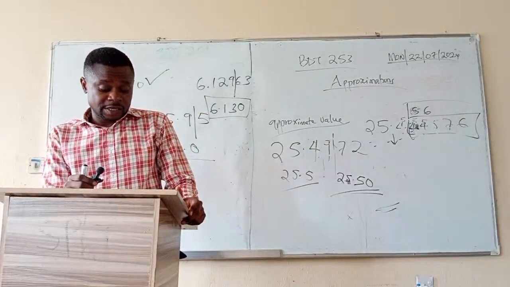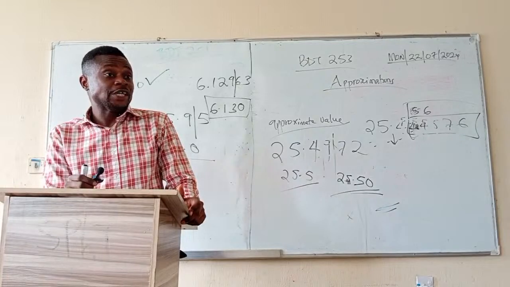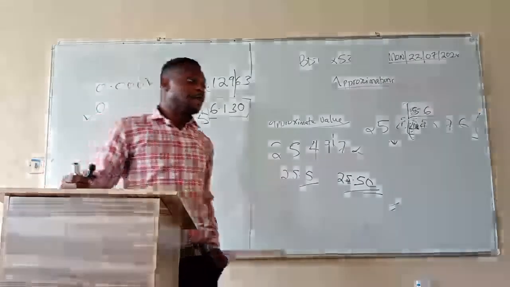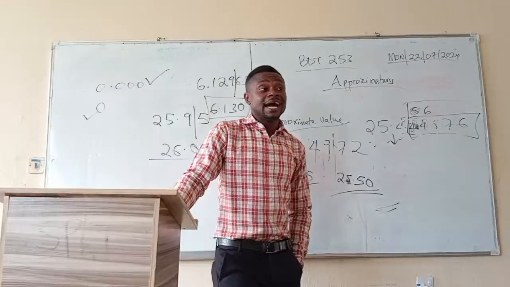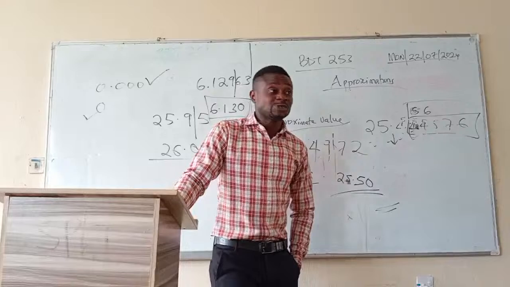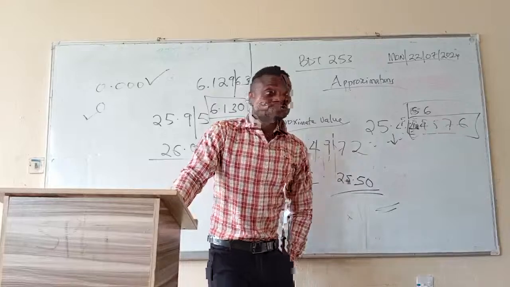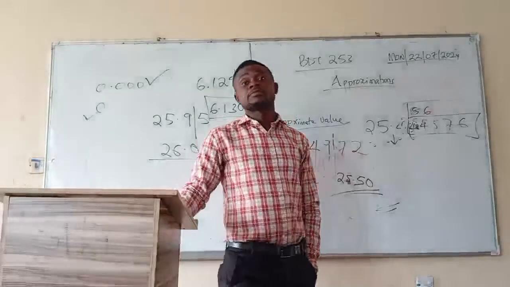Now this approximation, the actual values of the decimal places. So we look at it based on which place value.